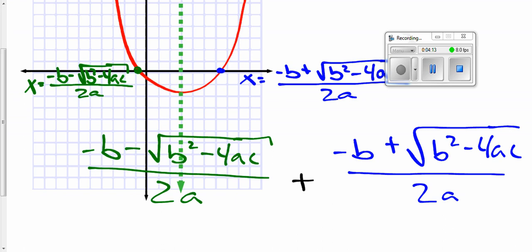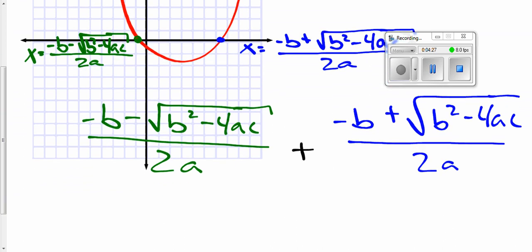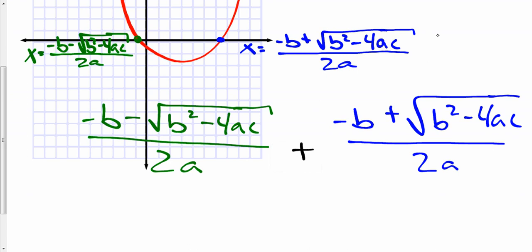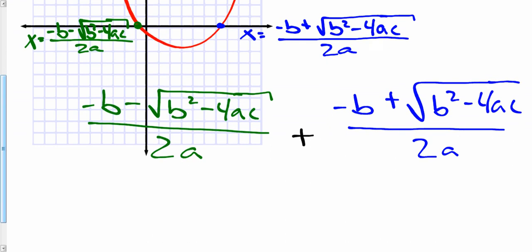Is this green dotted line throwing you guys? Get rid of that thing. We're done with that. Can I simplify that? Let's find out. Can I do the commutative property? This is negative, so let me do this all in one.